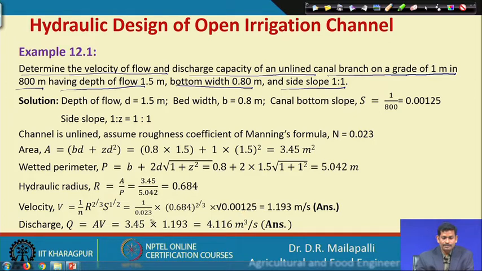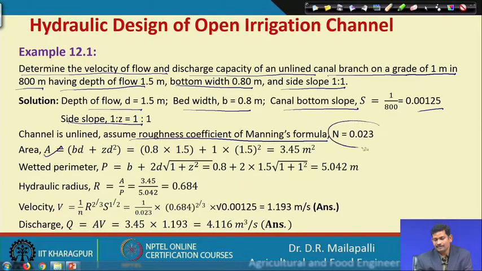In the given data, depth of flow is given, bed width b is given, canal bottom slope is 1/800, and then the side slope. For the velocity of flow, you use Manning's roughness coefficient n equal to 0.023 for unlined canal.